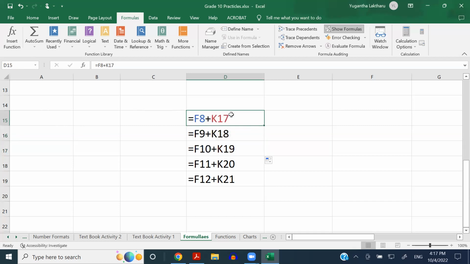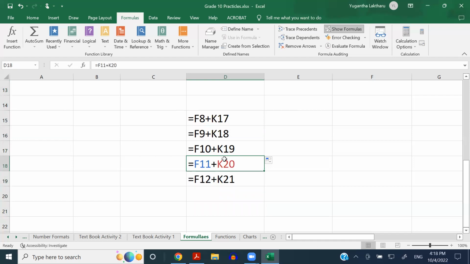So you have to understand what happens when we copy downwards in a column as well as upwards. No changes happen to the column header.